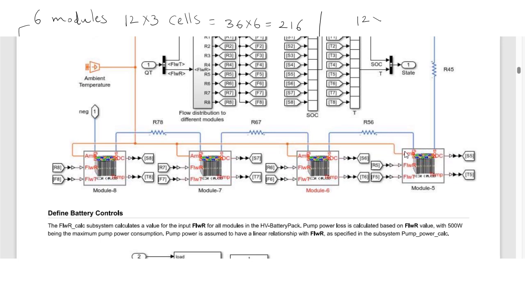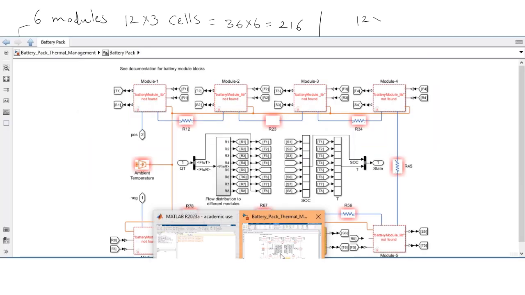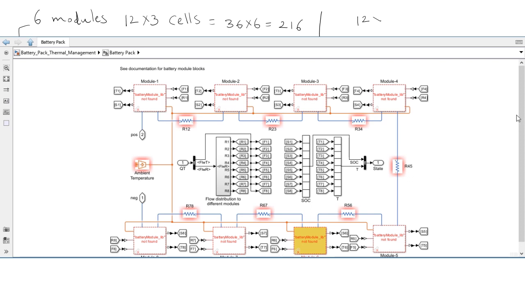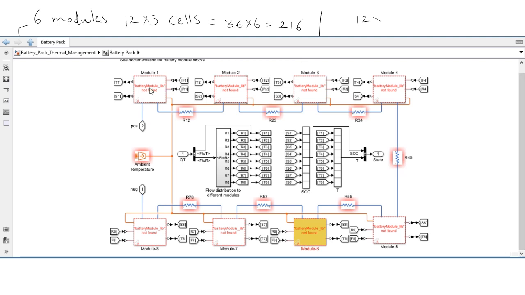I will show you what the battery pack is, what pouch type cells are. Okay. Here we can see it is open. See, this is a battery pack completely. Module 1, 2, 4, 5, 6, 7, 8. Okay.